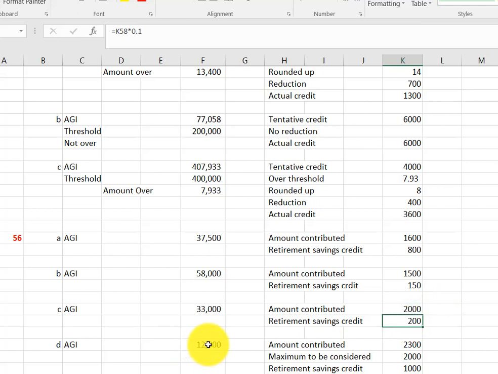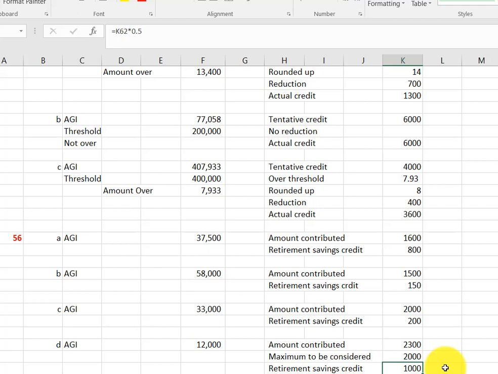And then a single individual, with AGI of 12, amount contributed 2,300. However, the most that you can be considered for this credit is 2,000. So it doesn't matter that she put in 2,300. We just use the 2,000. But our income is low enough that it's a $1,000 savings credit.